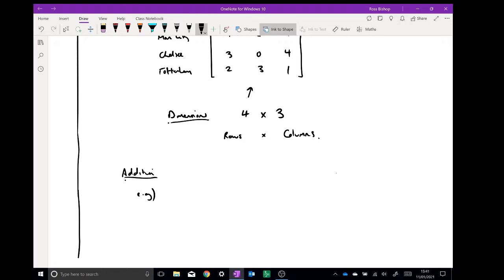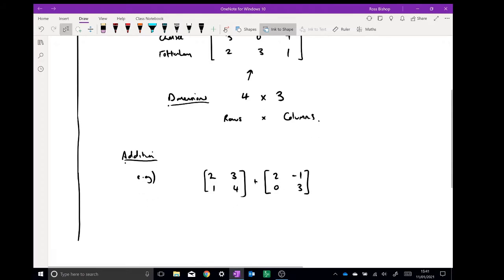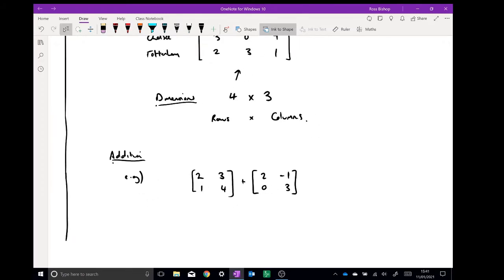We might be asked to compute this matrix plus the other matrix. Both of these matrices are 2 by 2 matrices because there are 2 rows and 2 columns. When you add them, you literally pair up.